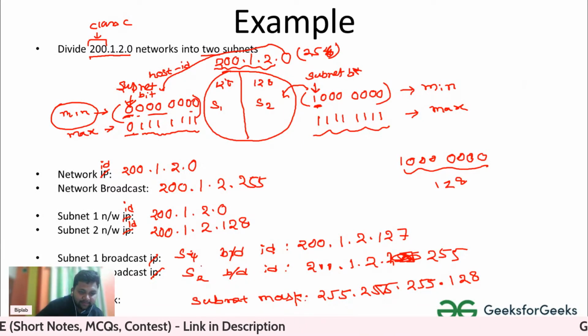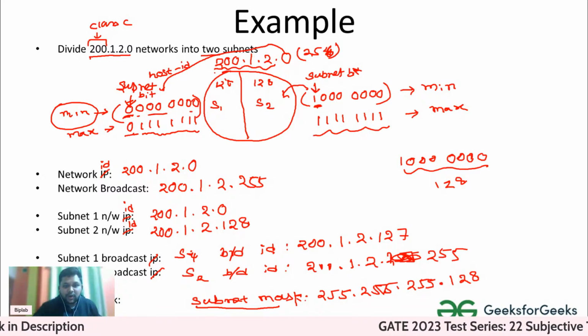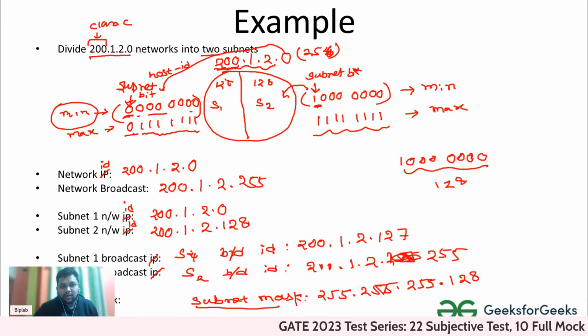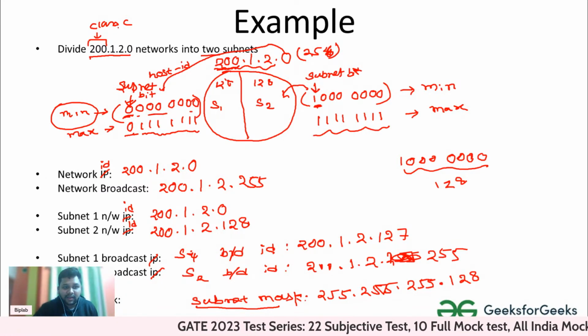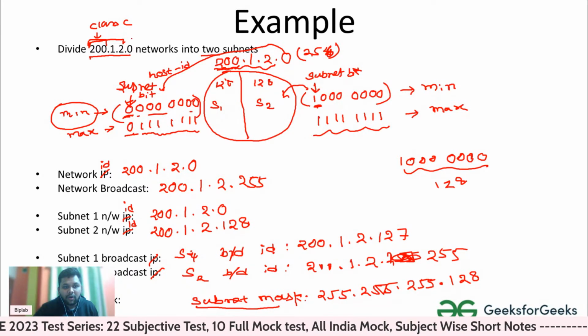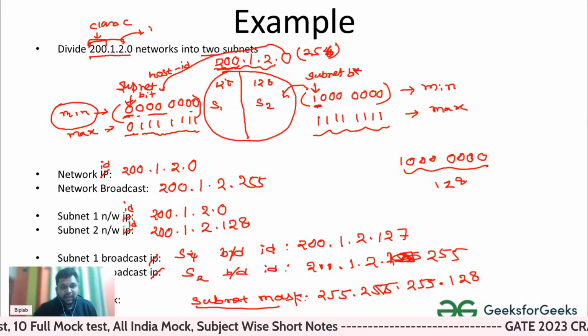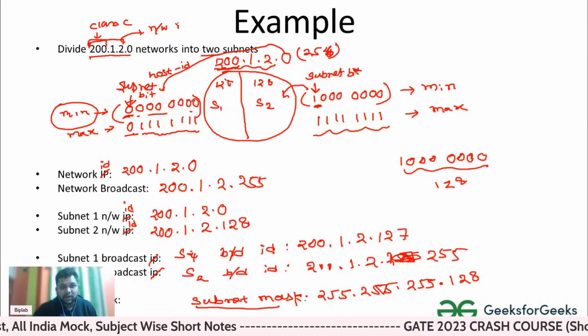Subnet mask. What we did in the network ID here: you know this is a class C IP address. In class C, the first three octets belong to network ID.